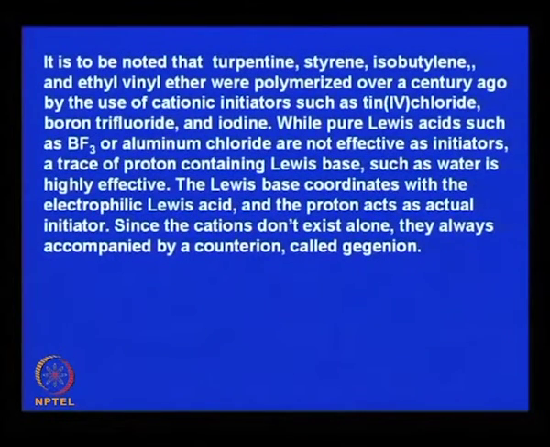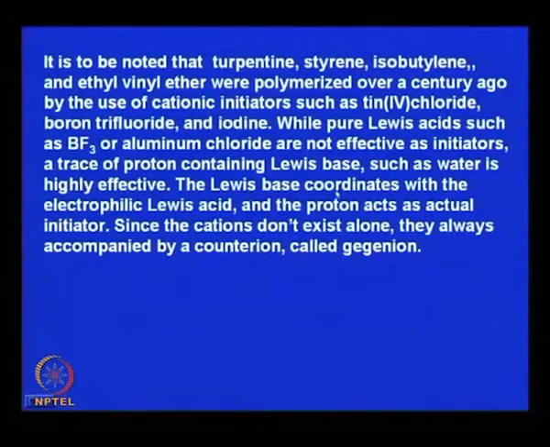Here you see it is to be noted that turpentine, styrene, isobutylene and ethyl vinyl ether were polymerized over a century ago by the use of cationic initiators such as tin tetrachloride, boron trifluoride and iodine as initiators or catalysts. While pure Lewis acids such as boron trifluoride or aluminum chloride are not effective as initiators, a trace of a proton containing Lewis base such as water is highly effective.